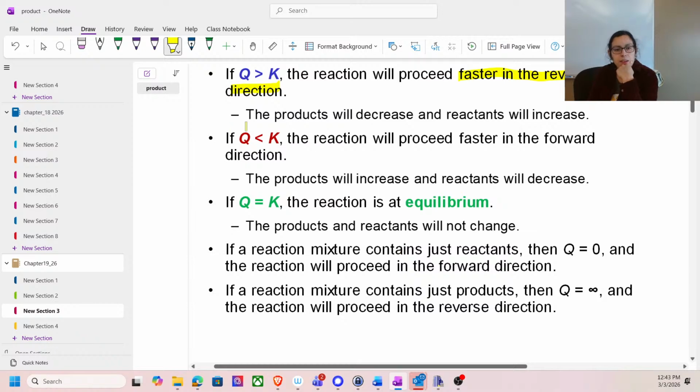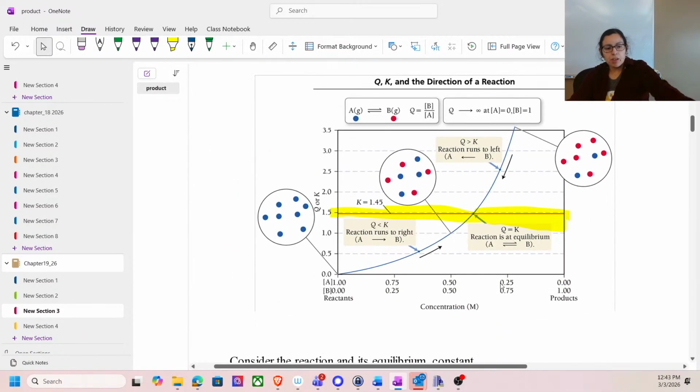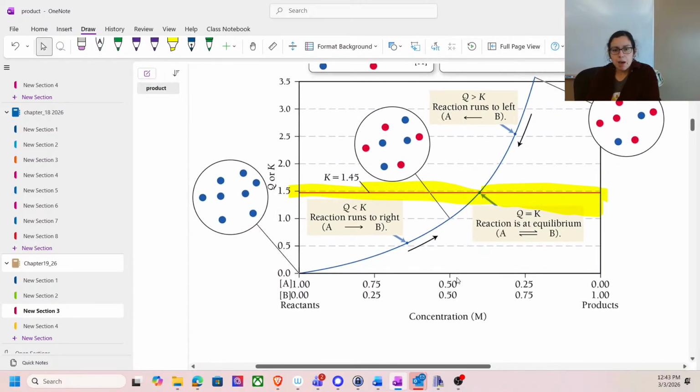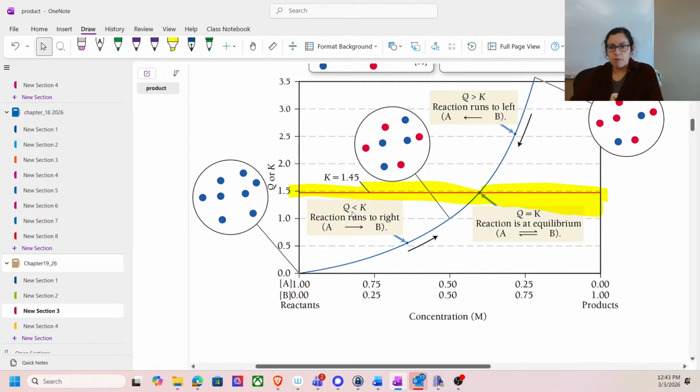If Q is less than K, we need to form more products, so the reaction will proceed faster in the forward direction. Visually map out where that is. Q is less than K, so we're on this side of our equilibrium curve, and it's going to keep proceeding in the forward direction to the right, making more product.